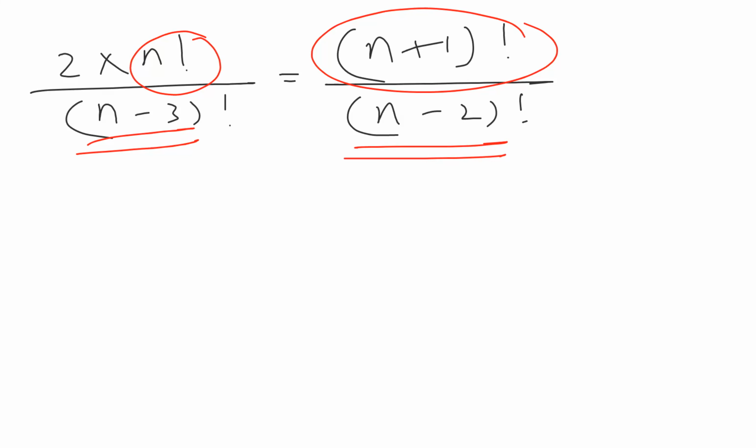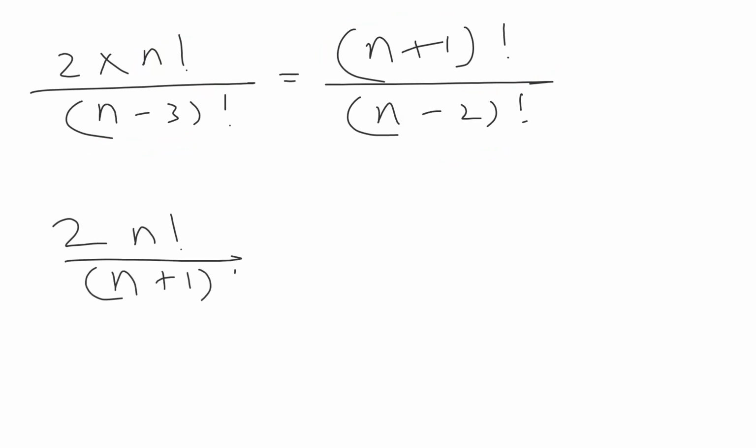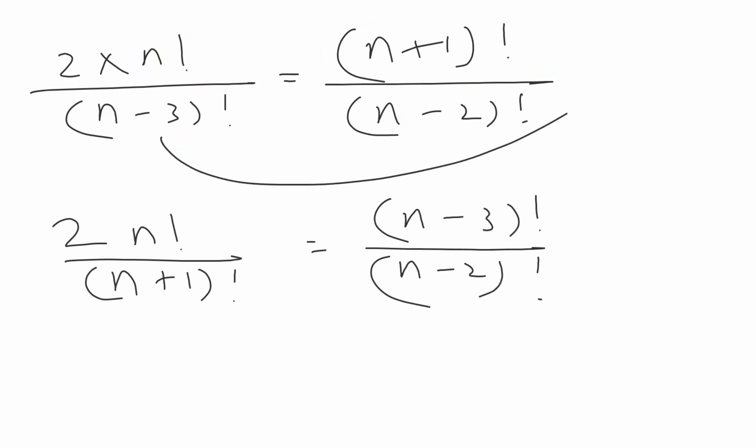Fine. So I'll group those terms which are consecutive. It's not a compulsion, but then you do it. I've shifted this term over here and this term over here. Okay, I'm grouping the consecutive terms. Now 2 into, which term is bigger out of n and n plus 1?